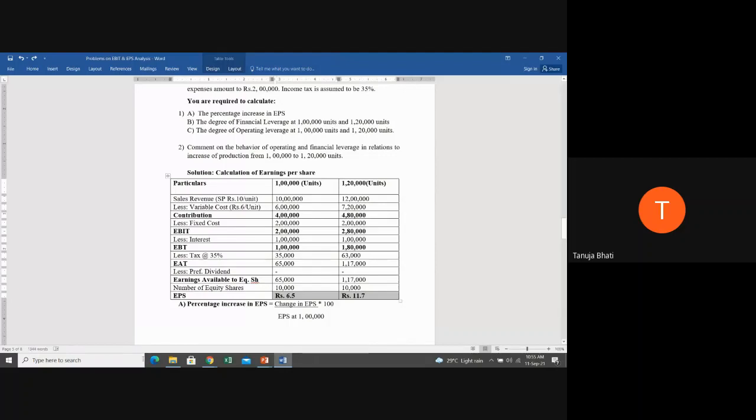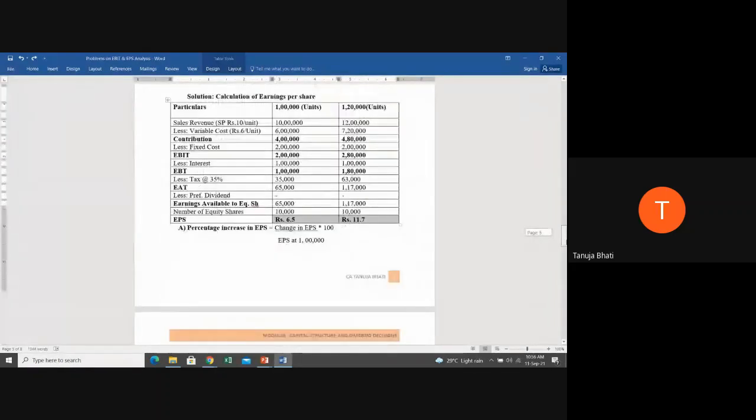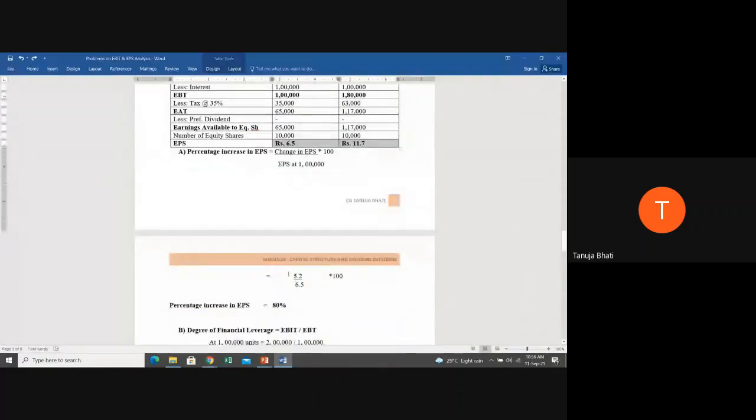So in rupees, the EPS has increased by 5.2. But if you want to know the percentage increase in EPS, you have to take the change in EPS, 5.2, divided by EPS at 1 lakh units, that is going to be your base, into 100. So it is 5.2 divided by 6.5 into 100.